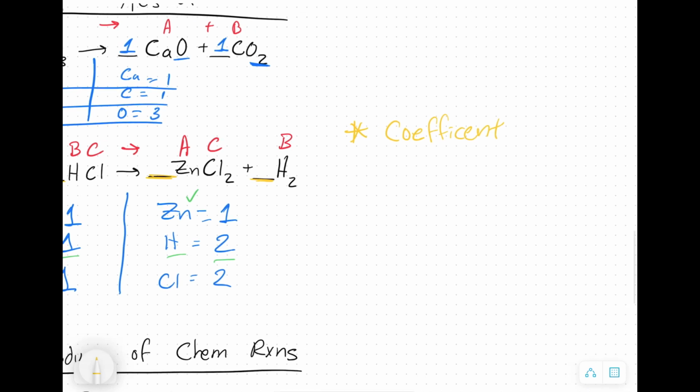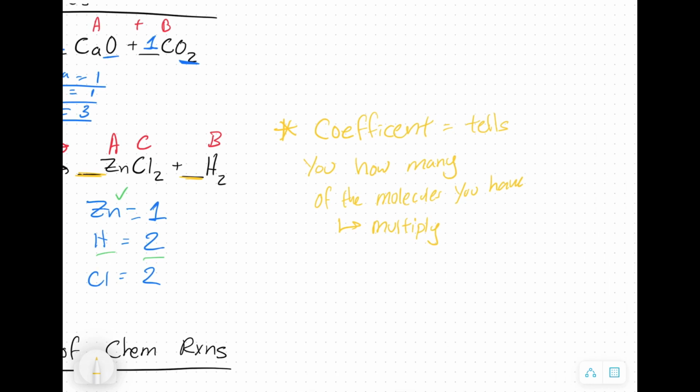A coefficient, just like in math, tells you how many you have. Essentially, what we're going to be doing is multiplying. So let's say, for example, that I have H2. When I write H2 like that, what I'm really saying is that a hydrogen is bonded to another hydrogen.